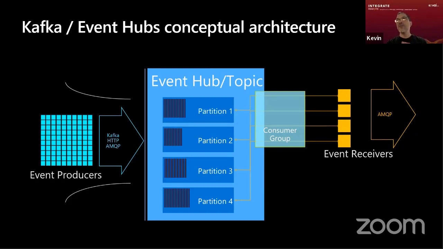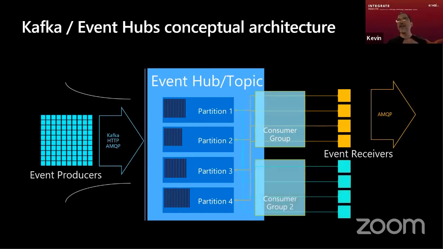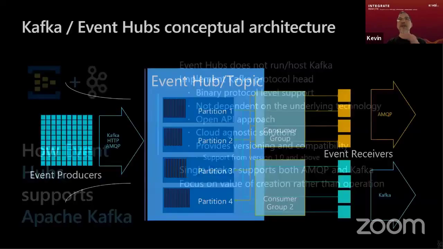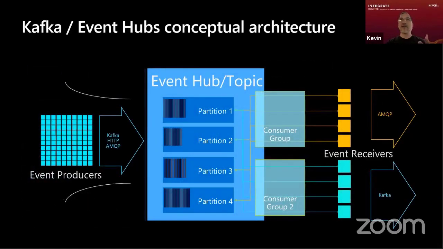So in that top consumer group, you can have one set of receivers receiving on AMQP, then you can have another consumer group reading the same set of messages with their own context, and those guys can read using Kafka. So this is multi-protocol support for your Event Hub. So you can produce on HTTP and consume on both AMQP and Kafka, and capture at the same time. So we provide great multi-protocol support.